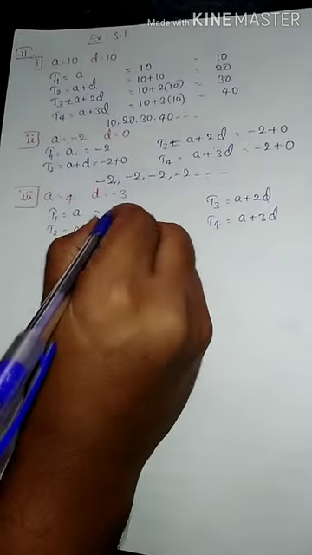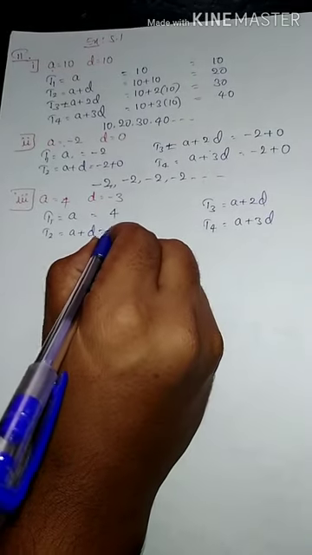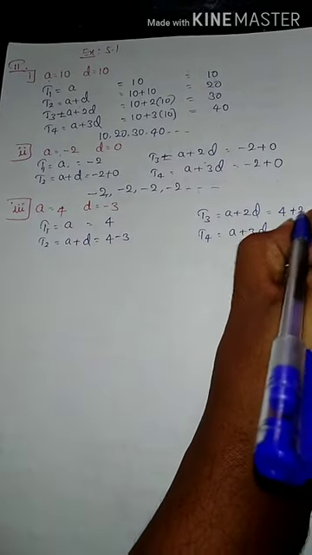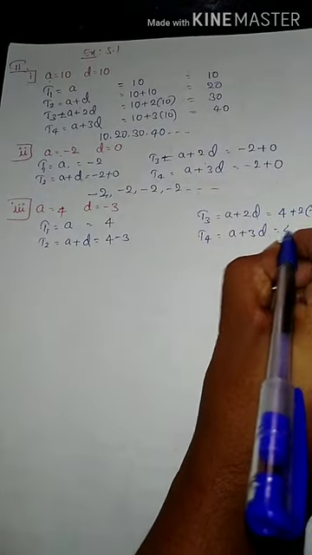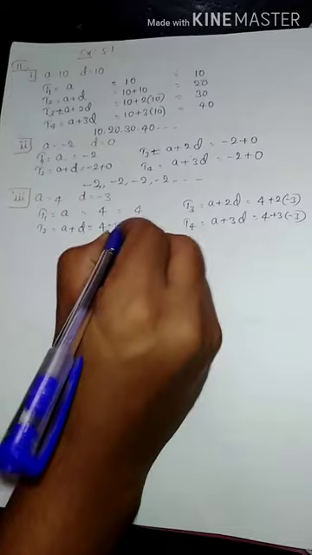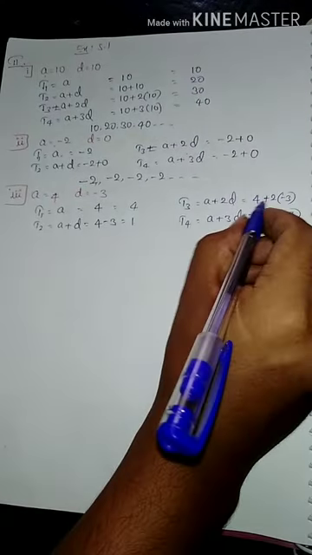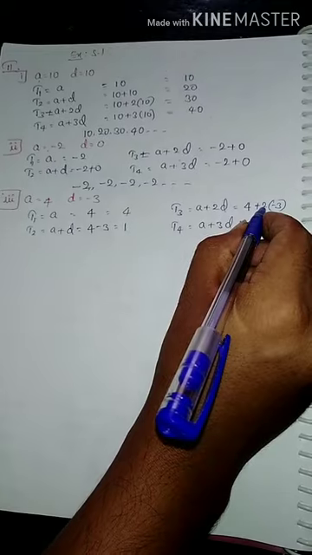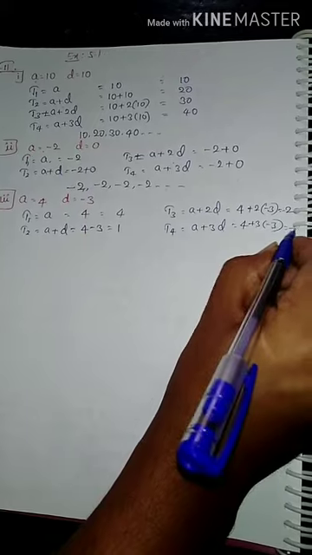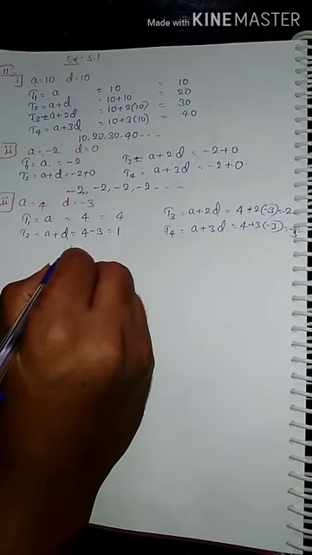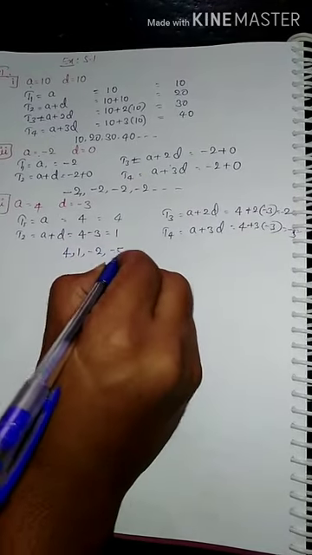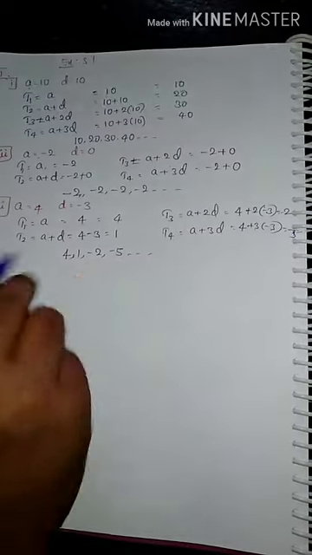So T1 is 4, T2 is 4 plus D, where D is minus 3, T3 is 4 plus 2 into minus 3, and T4 is 4 plus 3 into minus 3. So A is equal to 4, and 4 minus 3 is 1. 3 2s are minus 6, minus 6 plus 4 is minus 2. 3 3s are minus 9, plus 4 is minus 5. The four terms of the arithmetic progression are 4, 1, minus 2, minus 5.